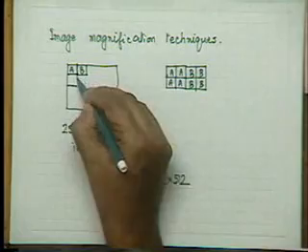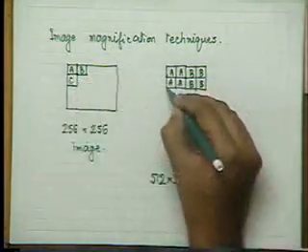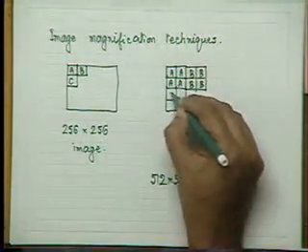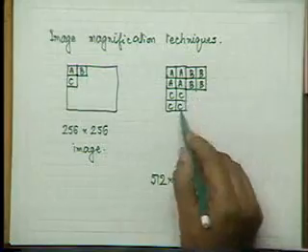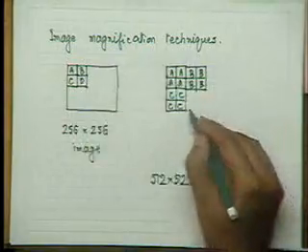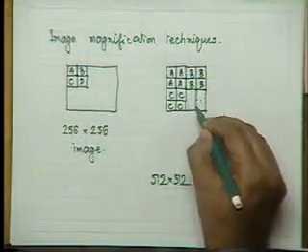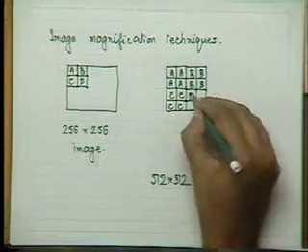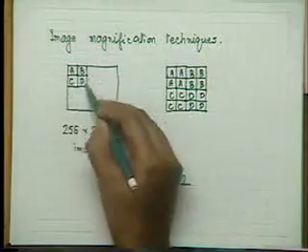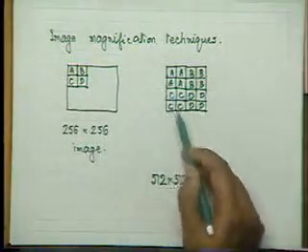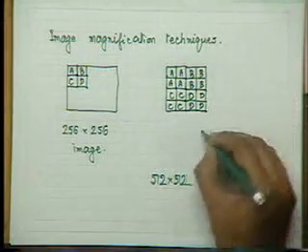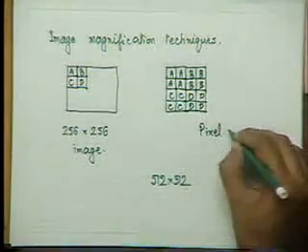If this is the pixel C, pixel having intensity C, then this will be written as C, C, C, C, that is to say this 2 by 2 will be filled up with C. Then here all the 4 pixels will be filled up with D. So we had a 2 by 2 image space over here, and this is magnified into a 4 by 4 image space by simple what is called as pixel replication.